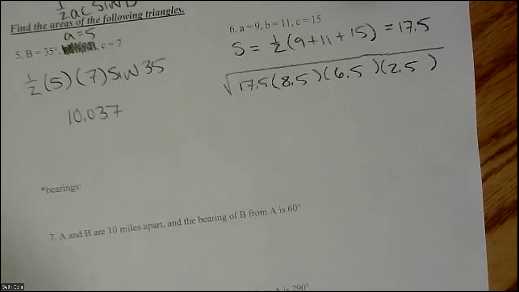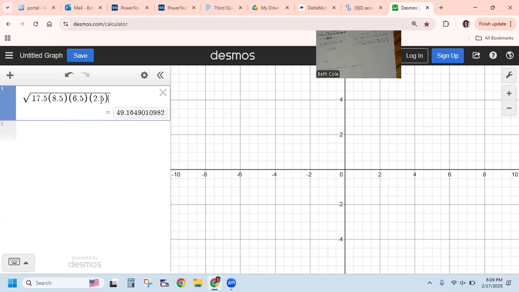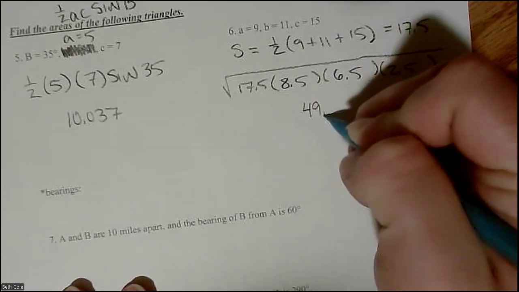I actually really like this formula because I just think it's so cool that that works. That you can just take all the sides of the triangle, any triangle, and this will work. So 49.164. And again, if there were units given, it would be squared.